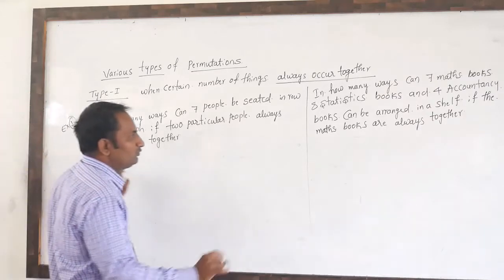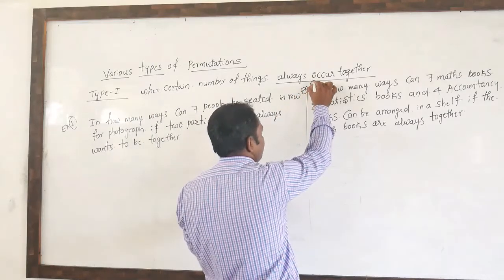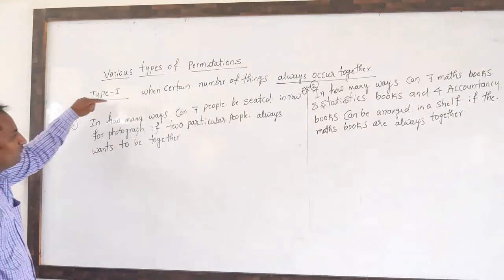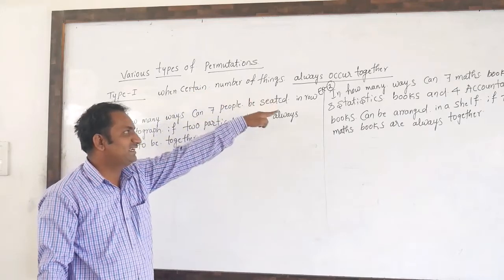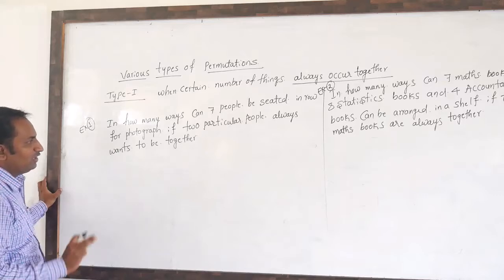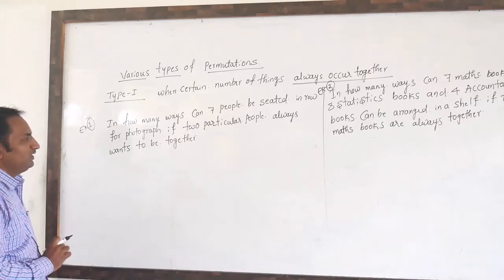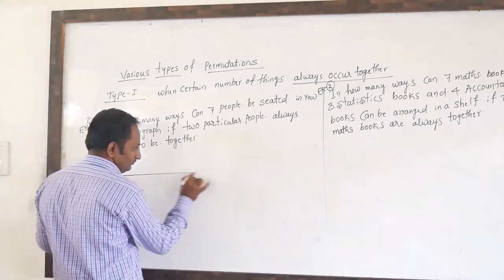Example 2. In how many ways can 7 people be seated in a row for a photograph if 2 particular people always want to be together? Here we can draw a rough diagram.